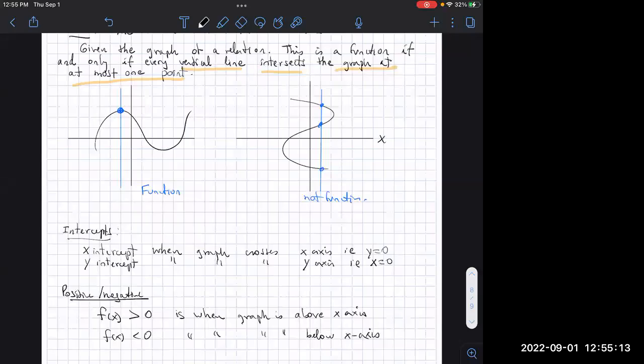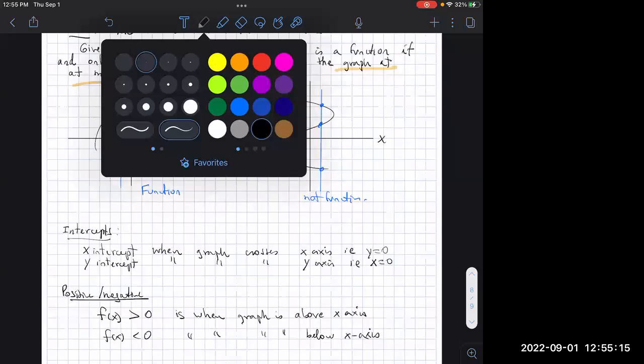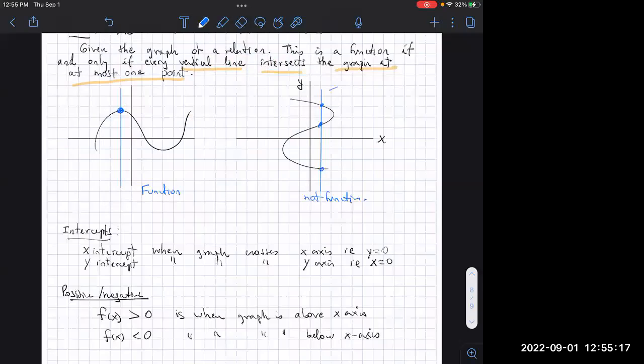This is the x-axis and that's the y-axis, and the blue line is a vertical line. If you find one vertical line that crosses the graph at 3 points, 1, 2, 3, then it automatically is not a function.